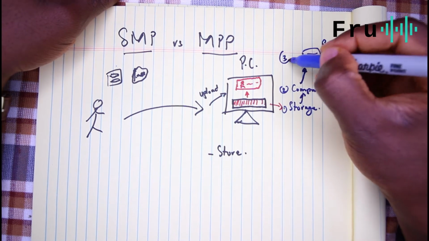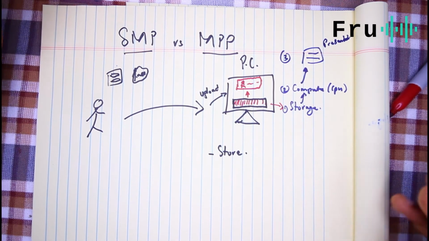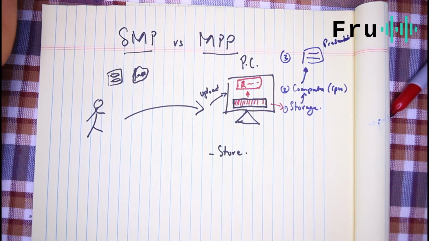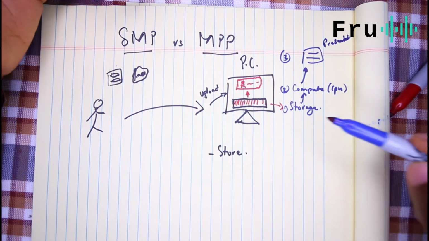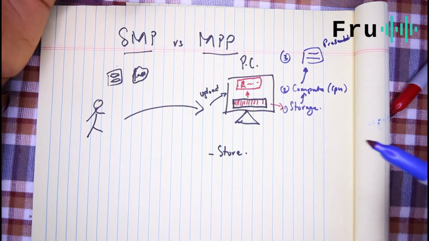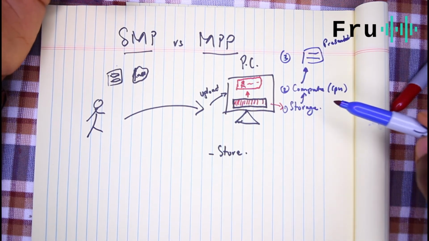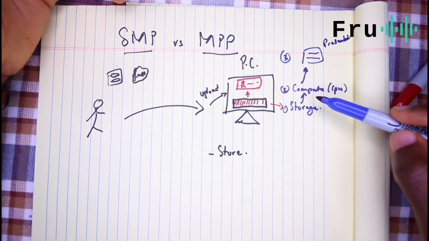This is true again for every PC out there, whether you're talking about a PC or even your mobile phone, a laptop, a desktop, it doesn't matter, right? You need a storage. If your computer doesn't have storage, it's not going to work. If it doesn't have a CPU to process that data, it's not going to work.